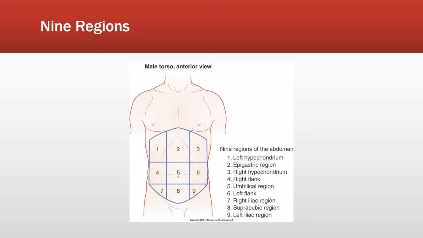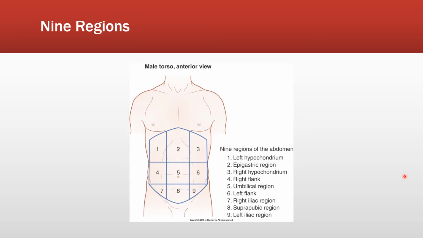And here's an illustration of those 9 regions and that grid that we have talked about just a few slides ago. They are listed here: left hypochondrium, the epigastric, right hypochondrium, right flank, umbilical, left flank, and then the right and left iliacs and the suprapubic region. Knowing these quadrants and the regions is going to help you figure out positioning and planning for future cases.